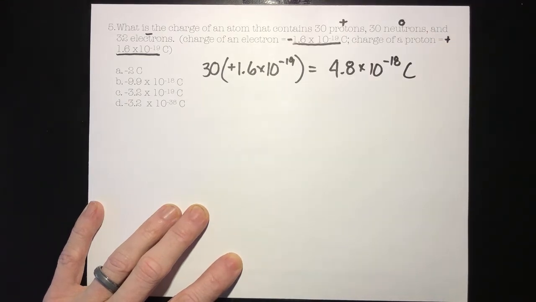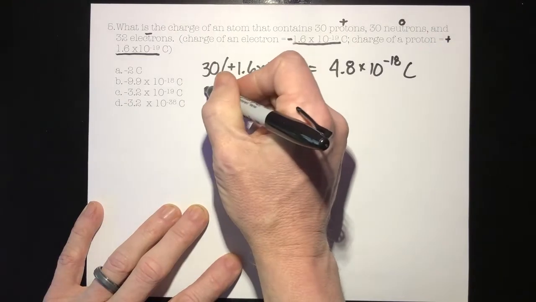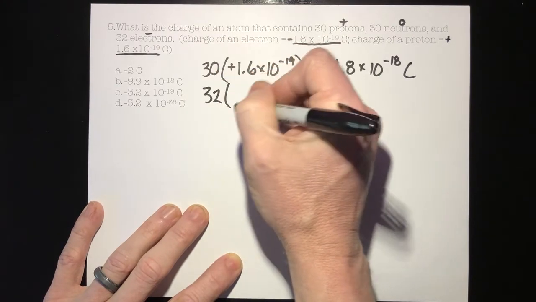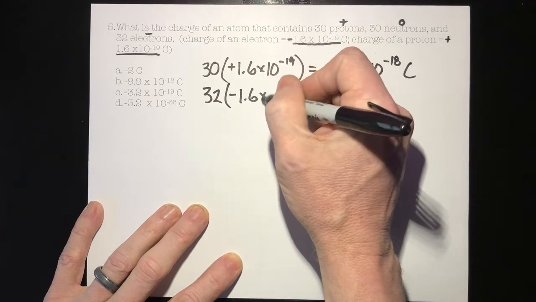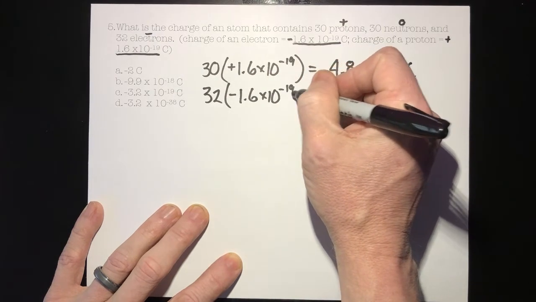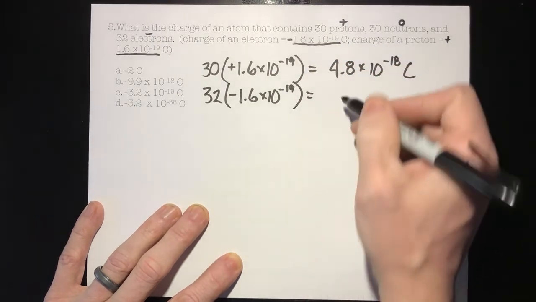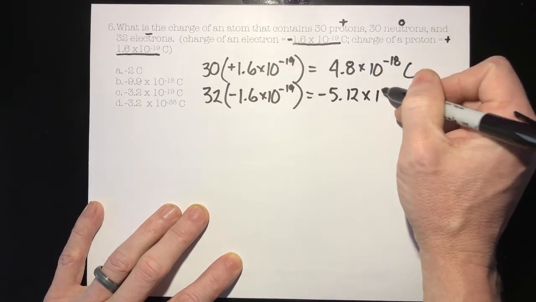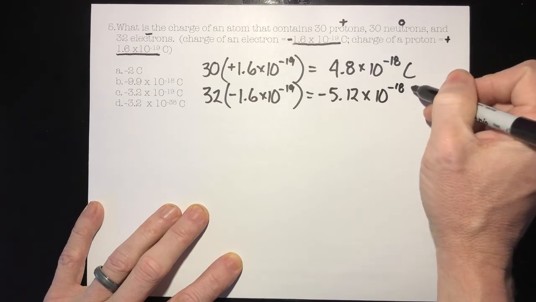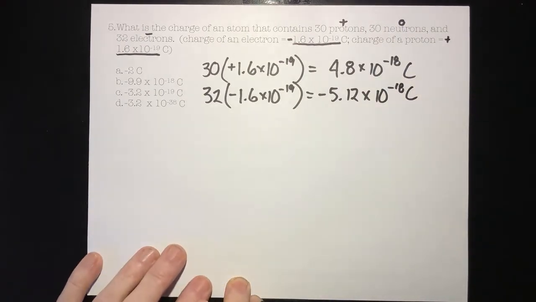Then we'll calculate our total negative charge by taking our 32 electrons times the charge of one electron of negative 1.6 times 10 to the negative 19th coulombs. When we multiply that, we get negative 5.12 times 10 to the negative 18th coulombs is our total negative charge.